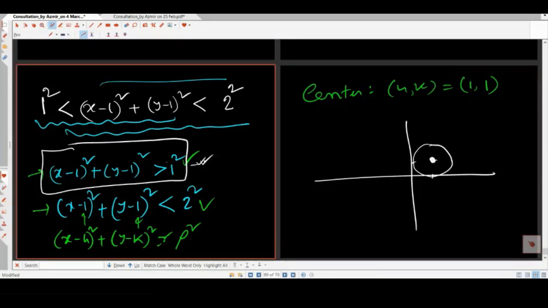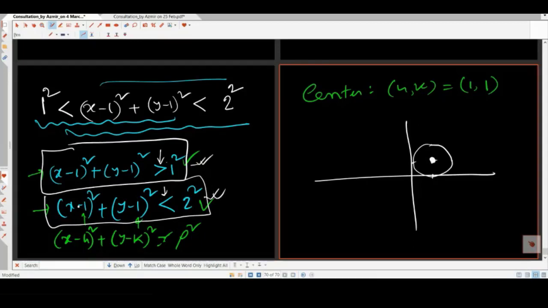It is done. We will think about the greater than and less than later, but for now let us draw the graph. For the second circle, we have radius 2 and the same center, (1, 1). So this is (1, 1), and radius 2. This is 1, this is 2.